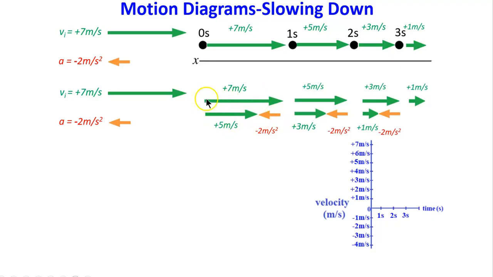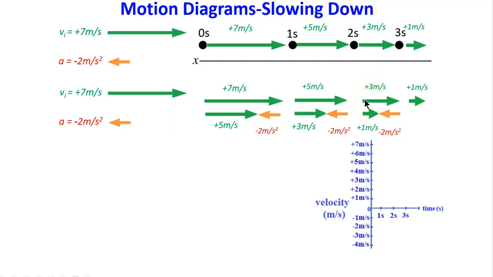You started here, you walk to the right 7, you walk to the left 2, and you ultimately ended here, and that's positive 5 meters per second. So now you're moving at positive 5 meters per second at the 1-second mark. Now you're going to add that negative 2 meters per second to it, and that is your new velocity at the 2-second mark.